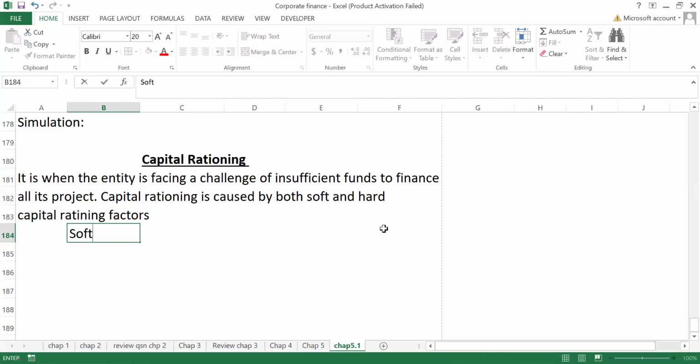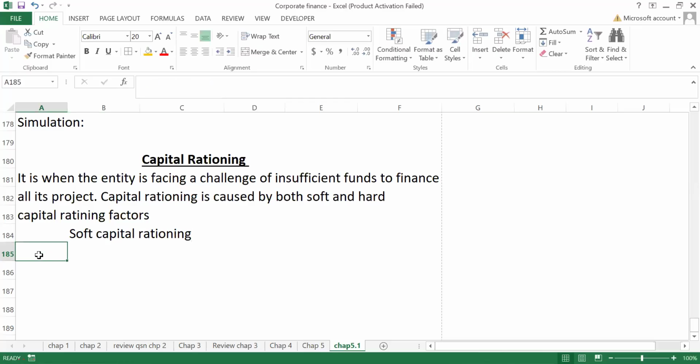So when it comes to soft capital rationing, these are mainly caused by internal factors. Internally you are unable to generate enough money to finance the business. In that case, we call it soft capital rationing.